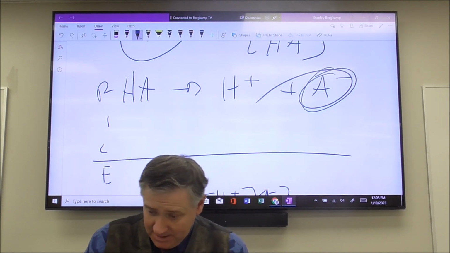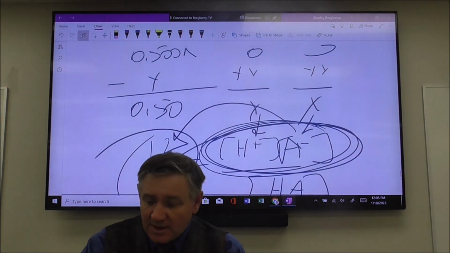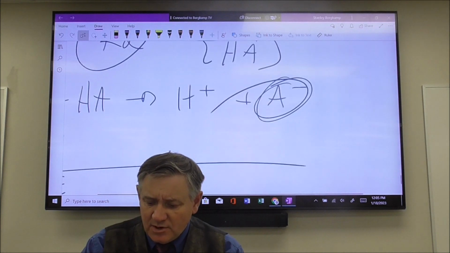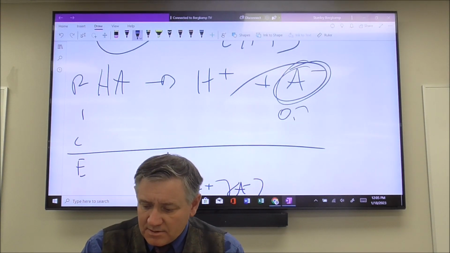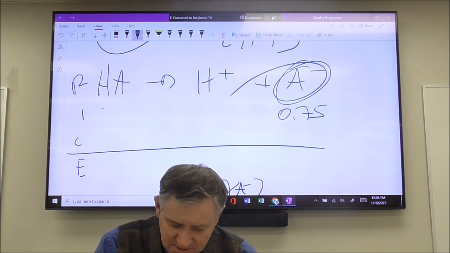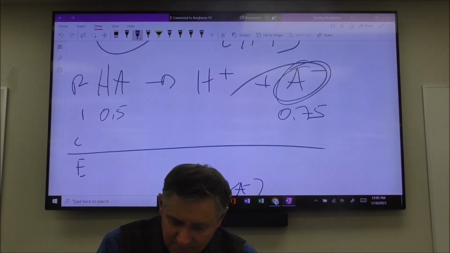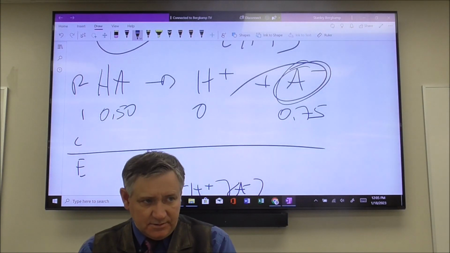So instead of that anion starting at 0, like you're used to, it's a little bit of a curveball. Now, that's going to start at 0.75. The acid itself is going to start at 0.50. Hydroniums are still going to start at 0.